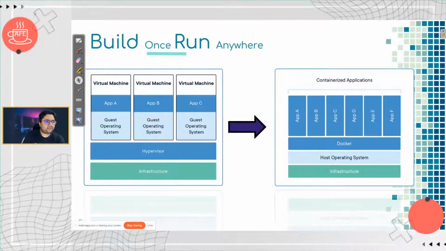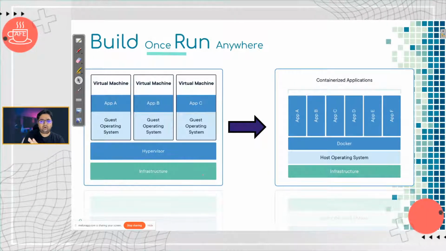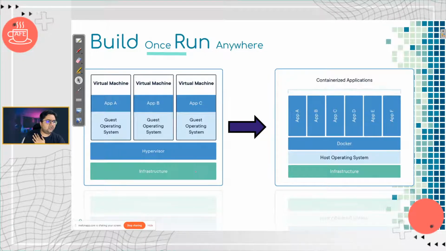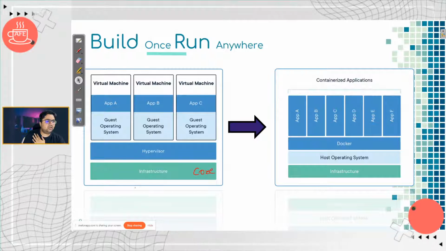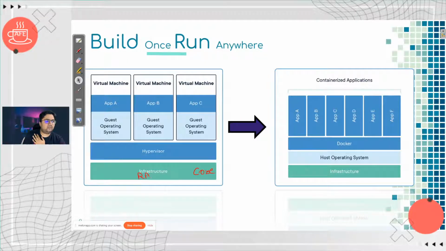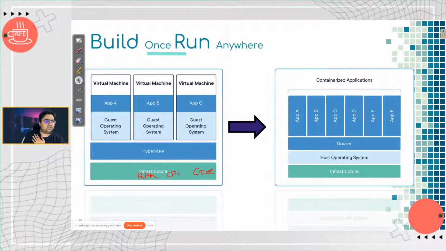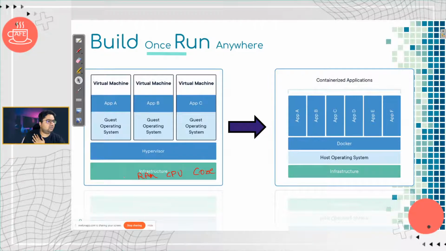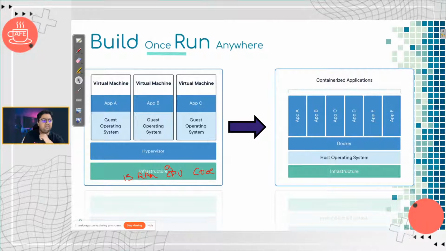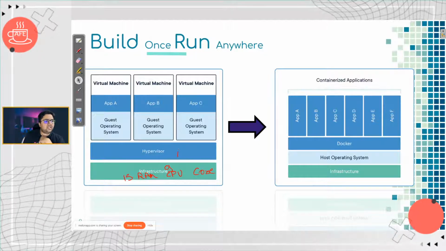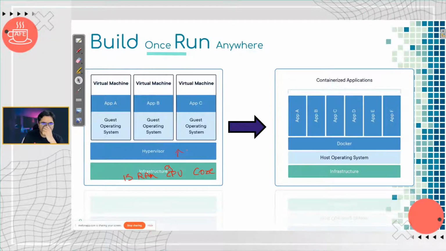So a typical infrastructure, and this is a diagram you'll find in all the places: you will have infrastructure, which is the core physical machine, RAM, CPU, and all of that. Let's say this is probably 15 GB RAM and 9 core CPU, just for simplicity of calculation. The virtualization layer is going to help split it, virtualize it.